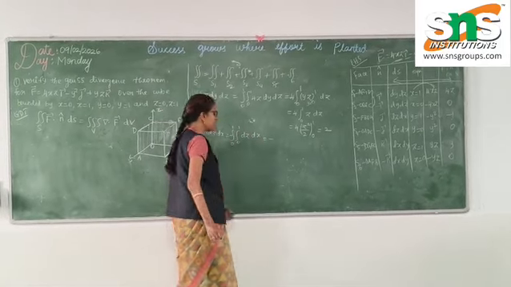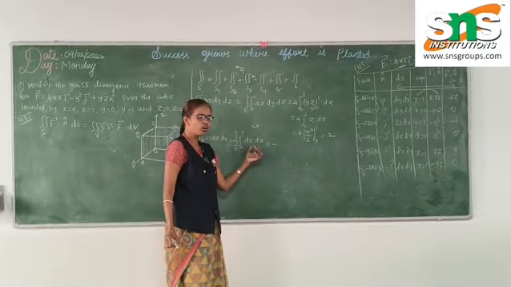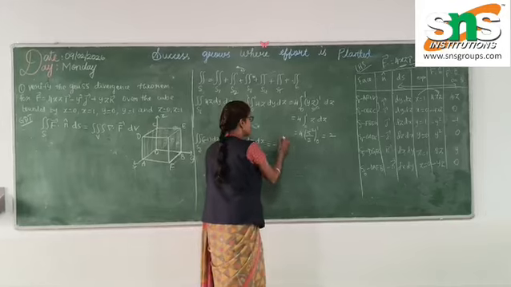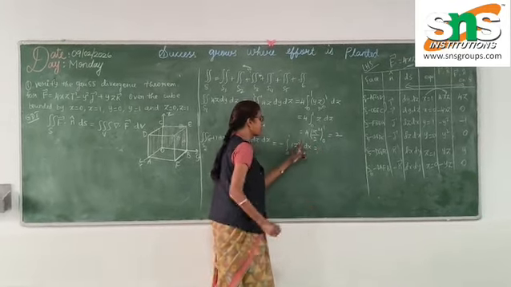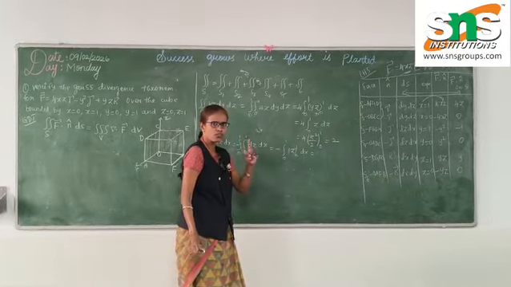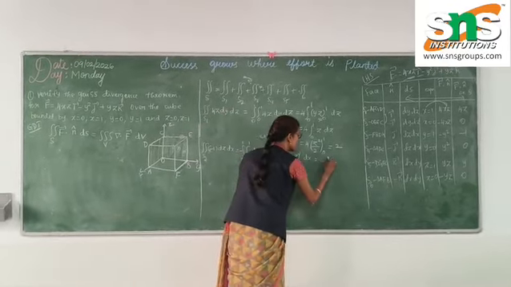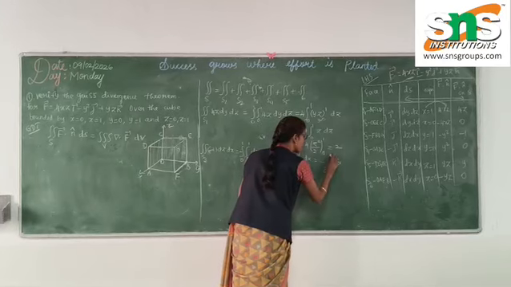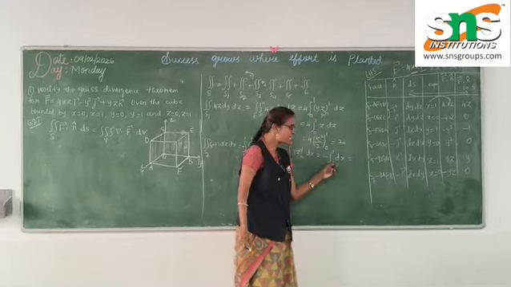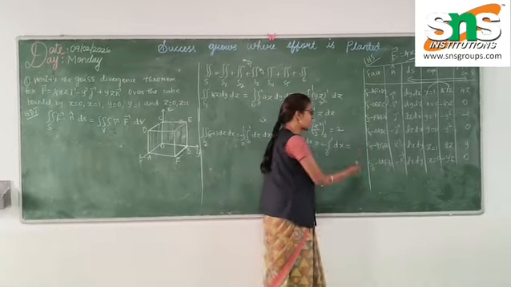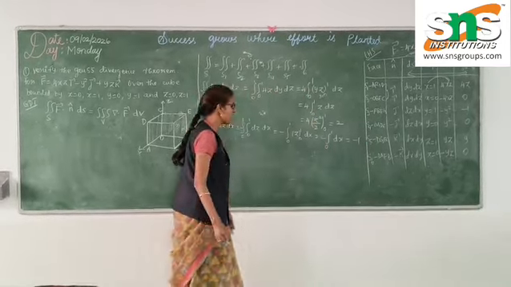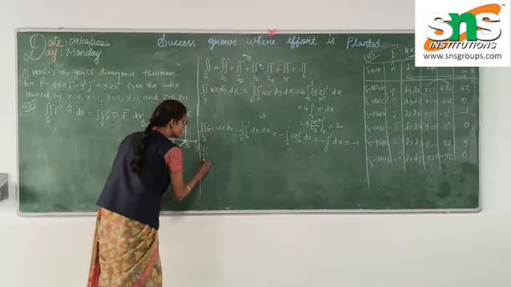Integration of dz is z, so we have z from 0 to 1, then dx. The upper limit is 1, so we get 1 minus 0 as 1. Then the remaining is minus the integral of dx, limit from 0 to 1. Integration of dx is x, from 0 to 1. Finally, the answer is minus 1.